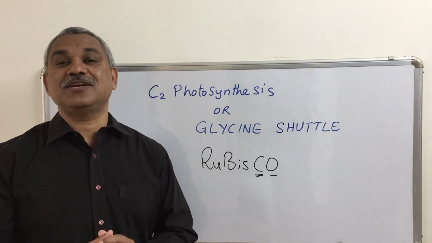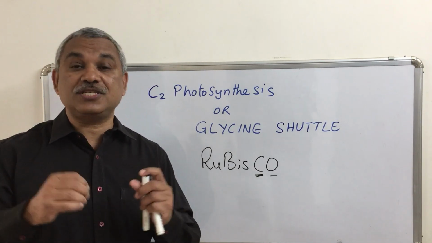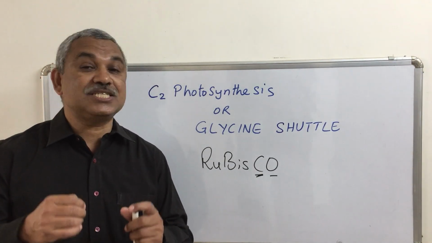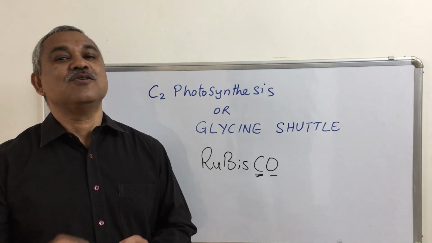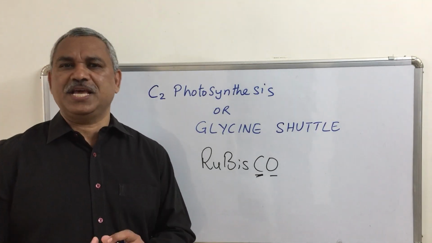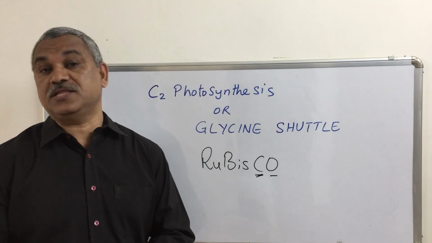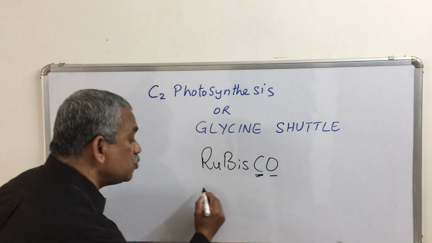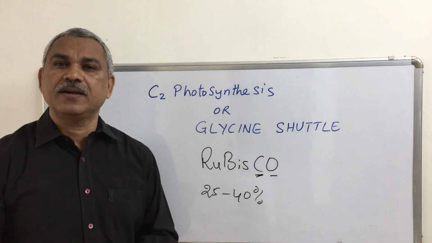Whereas the oxygenation reaction results in fixation of an oxygen and gives one 3-carbon unit and one 2-carbon unit. This reduces the fixation of carbon dioxide, or photosynthesis, by about 25 to 40%.